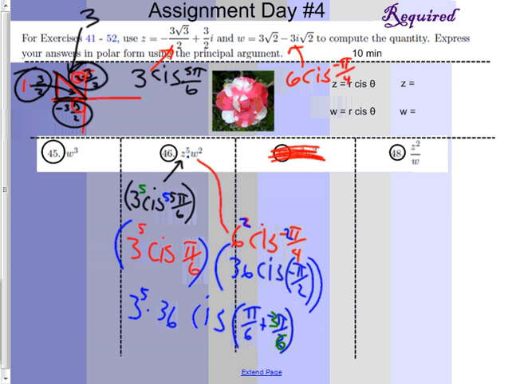All right, so then pi over 6 plus negative 3 pi over 6 makes negative 2 pi over 6, also known as negative pi over 3. So it's 3 to the 5th times 36 times cis, we just say cis, negative pi over 3. Did I get that right?